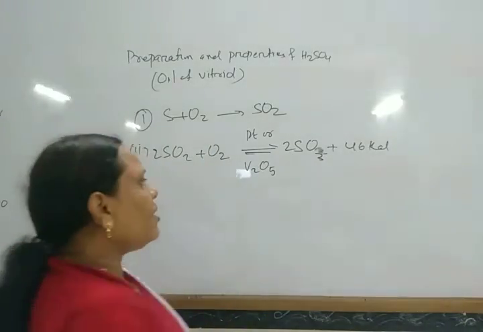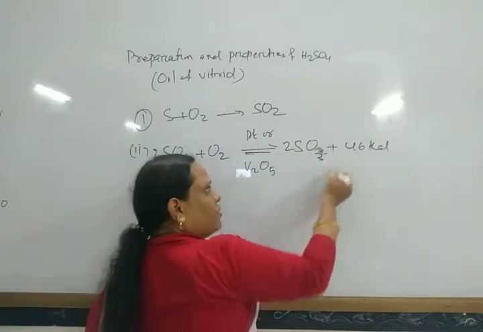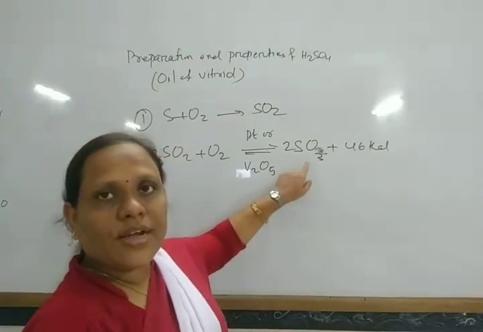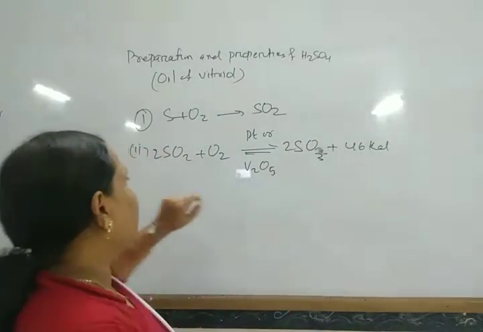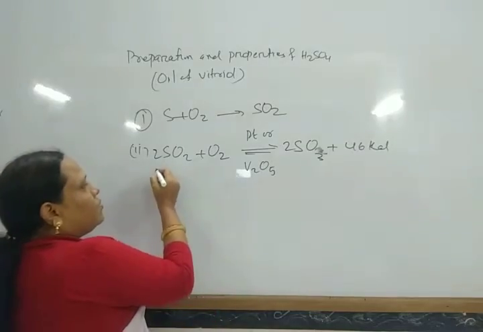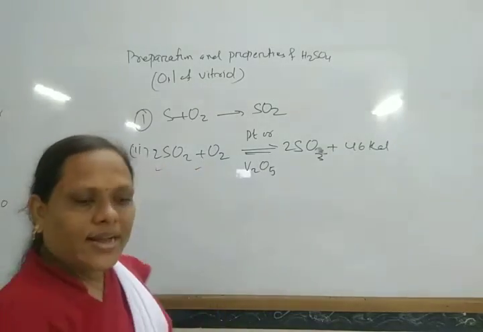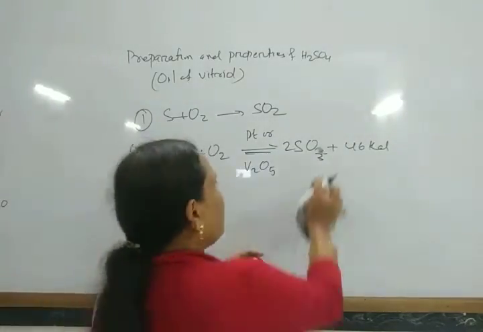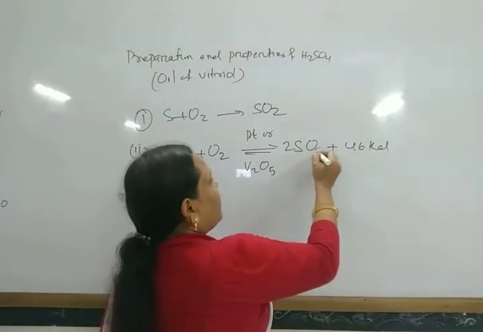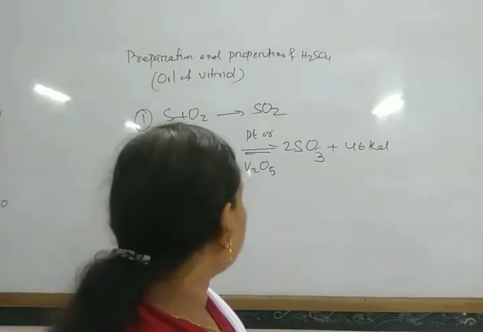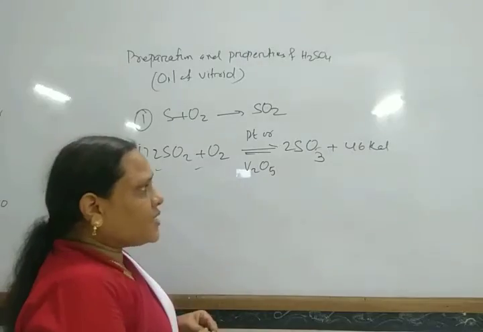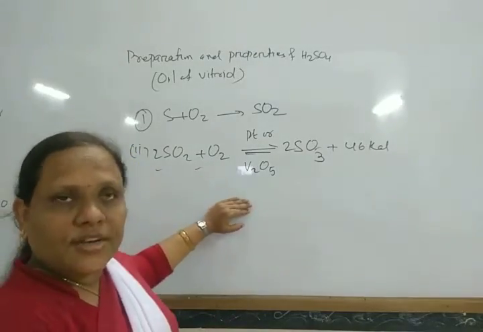In this way, for getting more sulfur trioxide, you have to use more sulfur dioxide and oxygen. And this reaction should be maintained at low temperature.